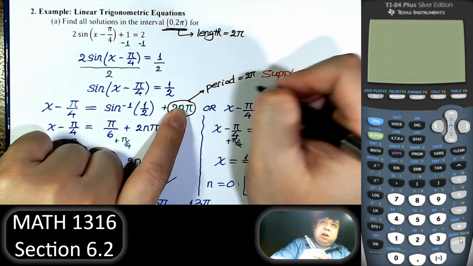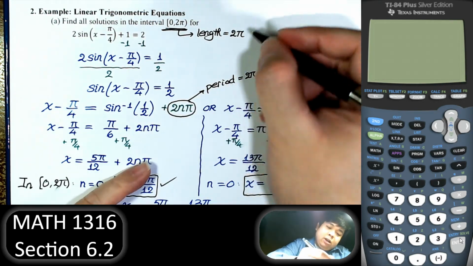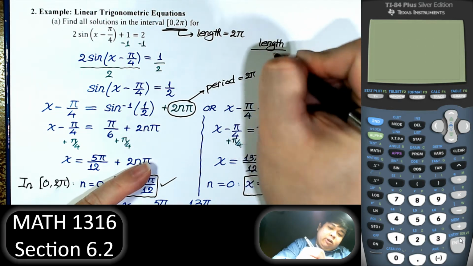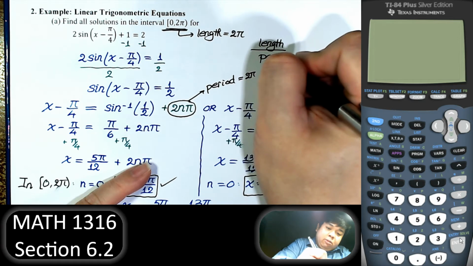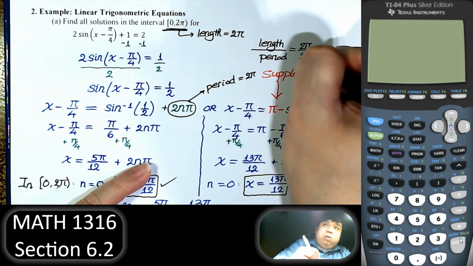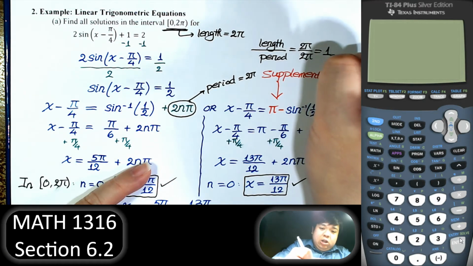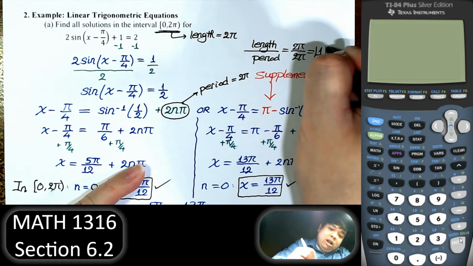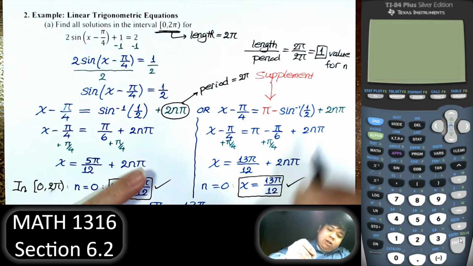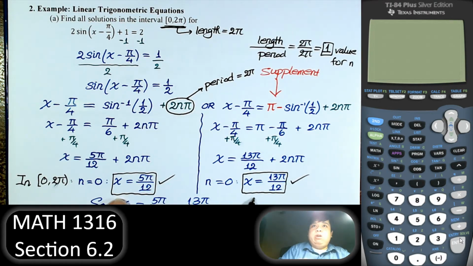N times a period, so the period is 2 pi. Now, if we take the length of the interval divided by the period of our problem, 2 pi divided by 2 pi is 1. So that 1 is 1 value for n. So that's why in the solution we only have 1 value for n.